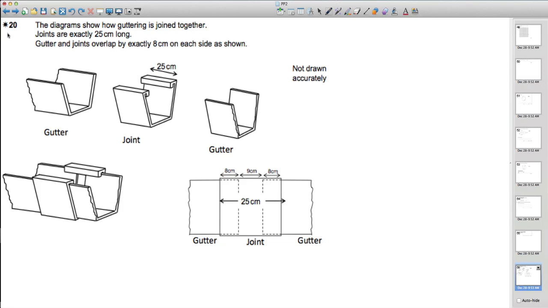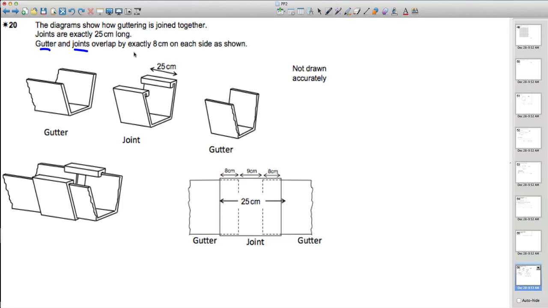Okay, question 20. The diagram shows how guttering is joined together. Joints are exactly 25 centimeters long. So here's a gutter, and you put a joint on as follows. You join the two gutters with a joint between them.